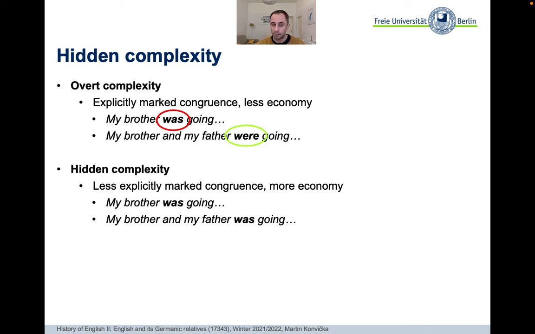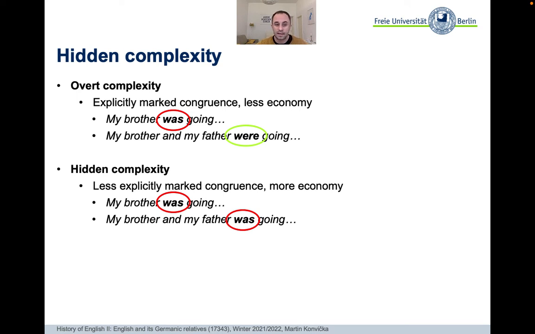However, if you remember what we discussed when we talked about Appalachian English, there is a sort of leveling of these differences, leading to a situation where you have my brother was going, just as you have my brother and my father was going. So there are no explicitly marked differences between singular and plural on the auxiliary, but in all situations the auxiliary is was.